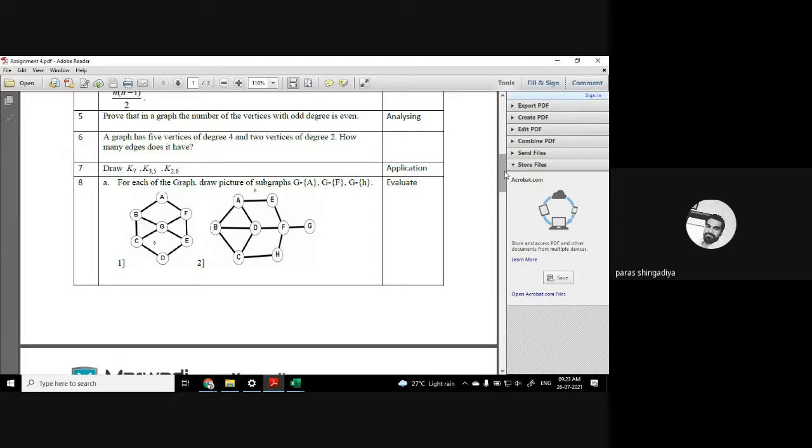Is there any query? Have all of you done the K7 graph?